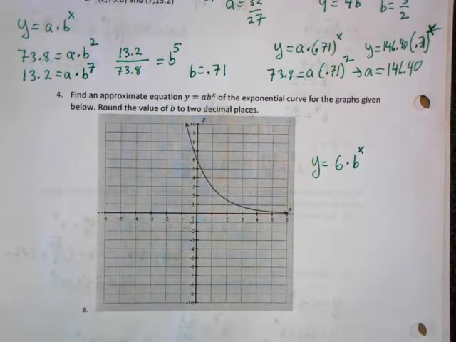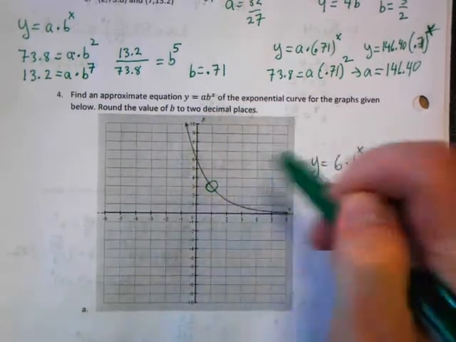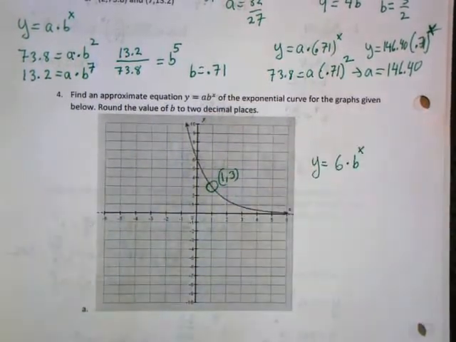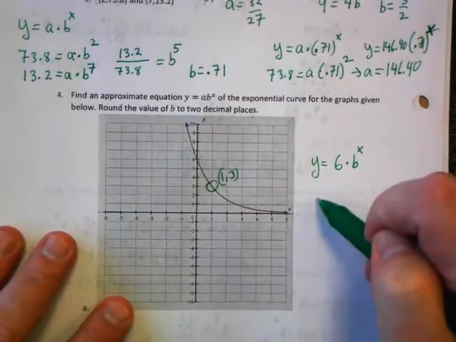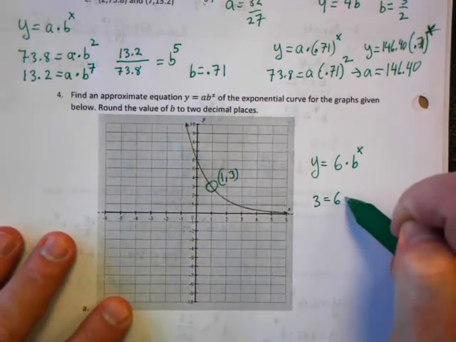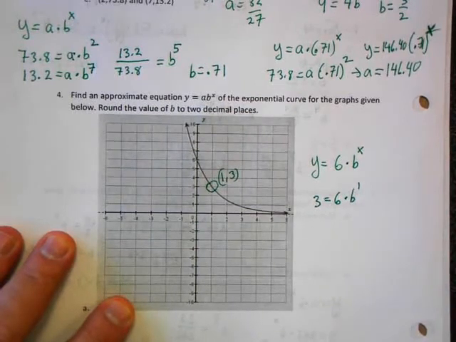Now, how are we going to find b? Plug in another point. So what you have to do, you want to look at that graph and see if you can find another point, hopefully one that looks like it falls right on a corner. Anybody see another point? Looks like 1, 3 is on the graph. So I'm going to plug that in. I'm going to have 3 equals 6 times b to the 1.